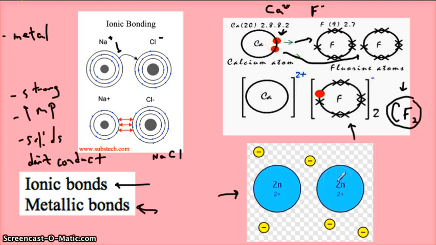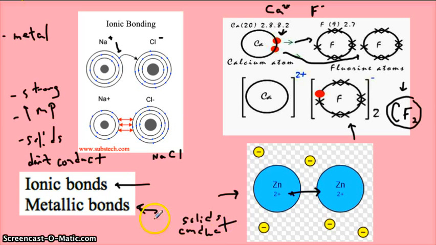Most of these metallic bonds bond with themselves. You have the +2 bonding with the -2, and since the charges can move freely from atom to atom, a metallic bond does conduct electricity as a solid. Solids conduct. And that is in the metallic bonds.